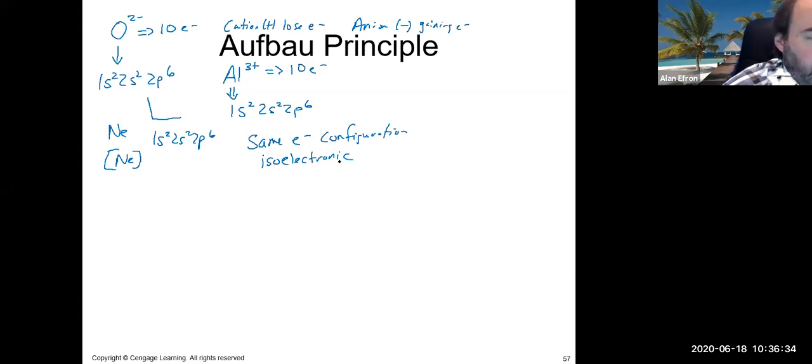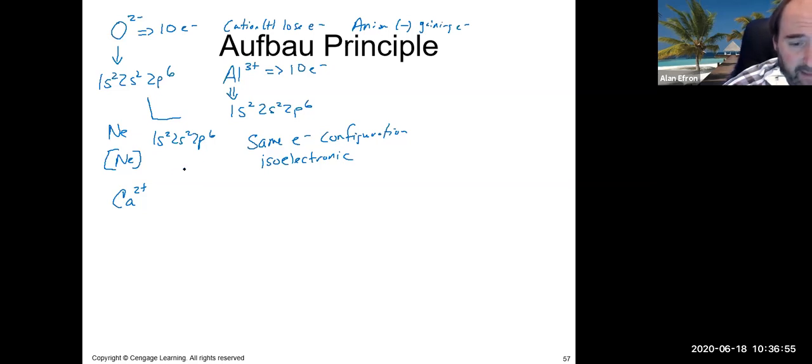You may also notice, for example, if we took calcium that we did earlier, and calcium has a +2 charge. Calcium with no charge, like we did earlier, has 20 electrons. Calcium with a +2 charge, again, the plus means it lost electrons.